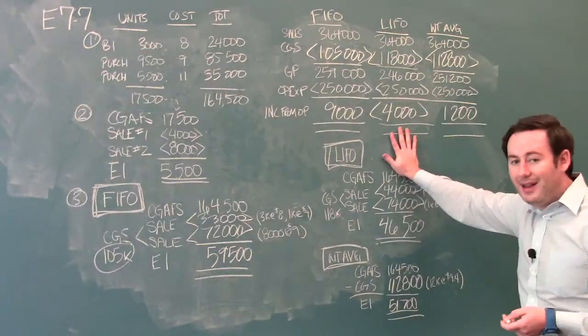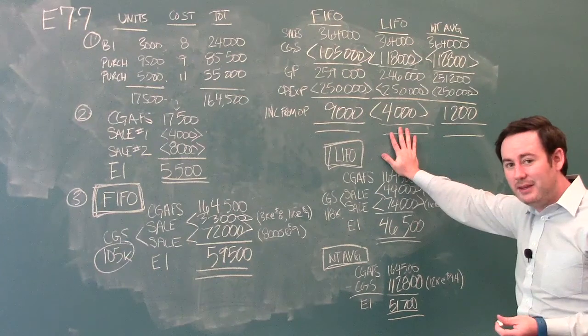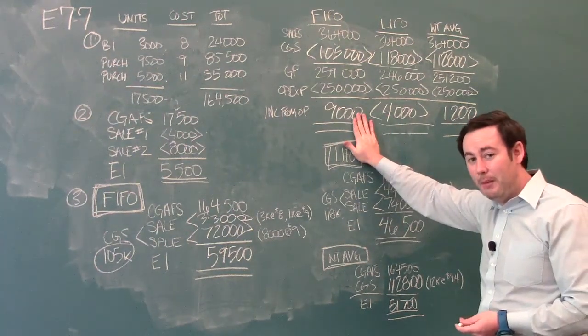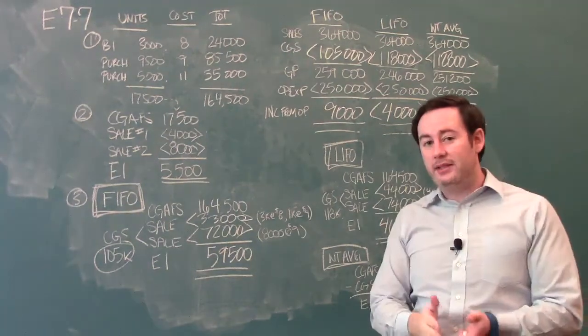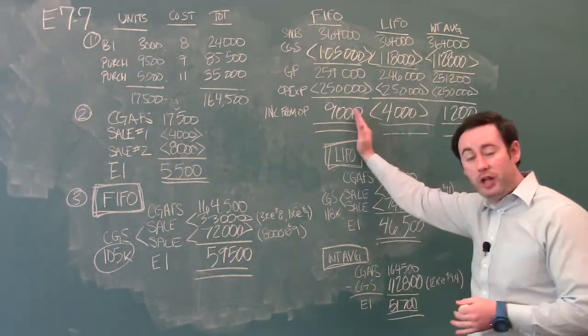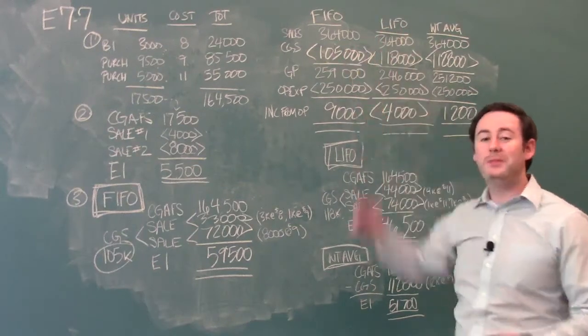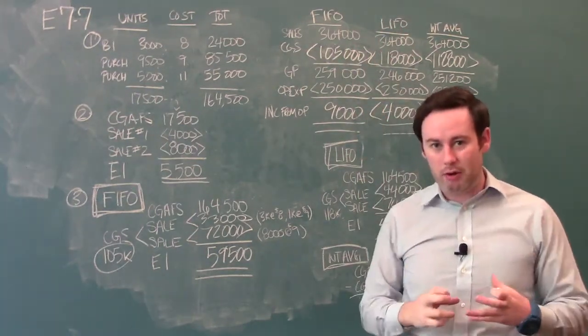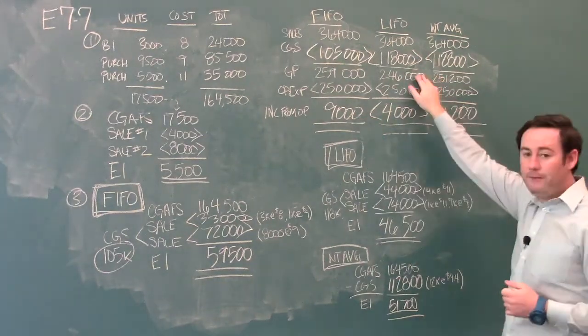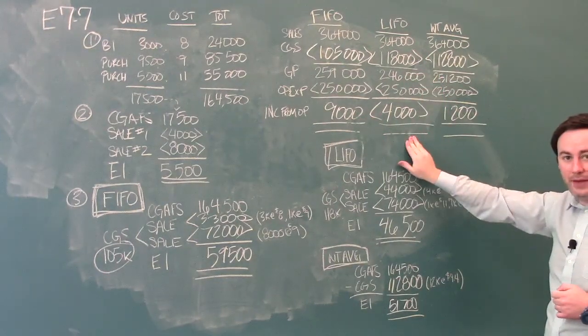We know from working on M75 that in a period of rising prices, right, FIFO is going to produce the highest amount of income. Why? Because the lowest amount were the first goods that came in, right? And those were the first goods sold under FIFO. First in, first out, which means cost of goods sold is lower, right? Which means income is higher, right? Notice that LIFO produces the least amount of income, right?